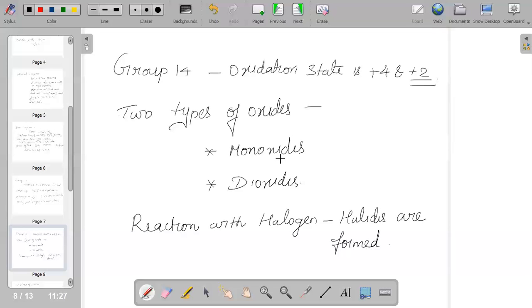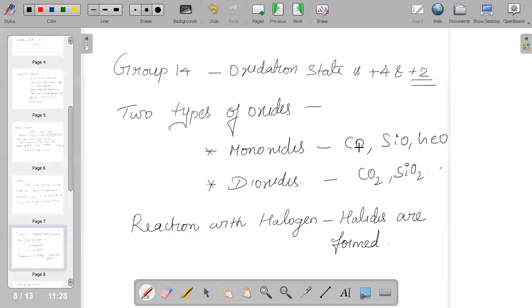Monoxides are, for example, CO, SiO, GeO, and more. Dioxides are CO2, SiO2, etc. Out of them, CO is neutral in nature, and SiO is not so stable. So each one has a different way of reacting.